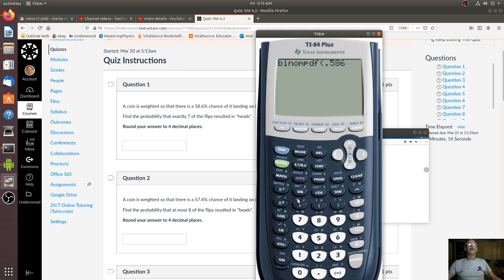I think the first thing that goes in is n. So, second distribution, PDF, 13. The next thing that goes in is the probability of success, 0.586. And the last thing that goes in, I believe, is the value of x I'm looking for, in this case, 13.